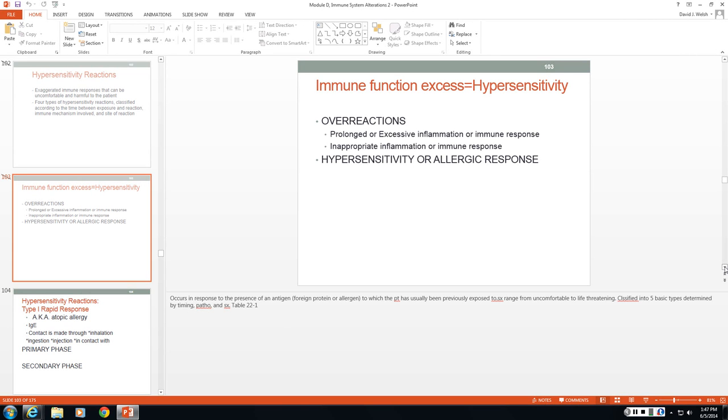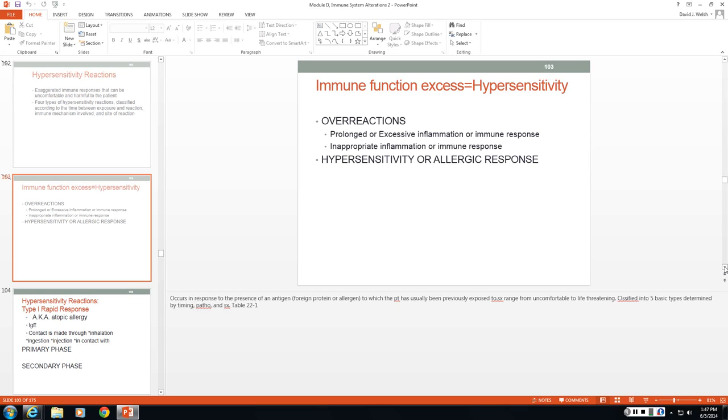The symptoms can range from uncomfortable to life-threatening. It's classified into 5 basic types determined by timing, the pathophysiology, and the symptoms, and you can look at table 22.1 in your text.